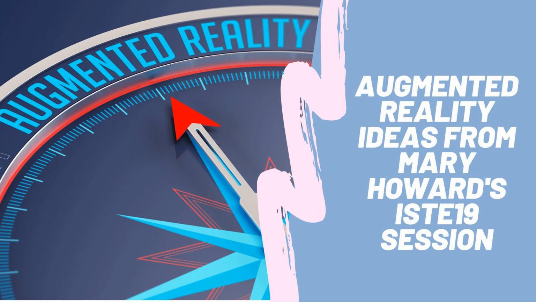But what they've recently done is they've integrated with the Merge Cube, so you can design a customized Merge Cube experience. The first thing that I thought was a really wonderful idea was to create a Merge Cube book review. So I went on Google Slides and I simply designed six slides, each representing an element that an educator might use for a book review. So one was title, author, genre.